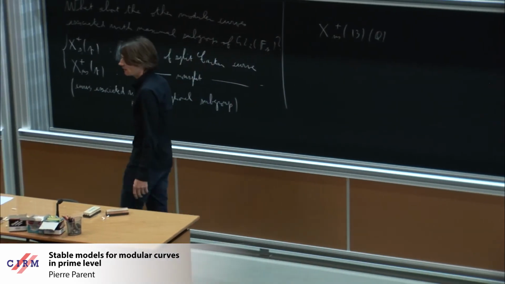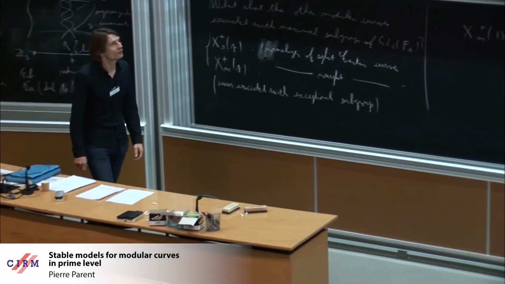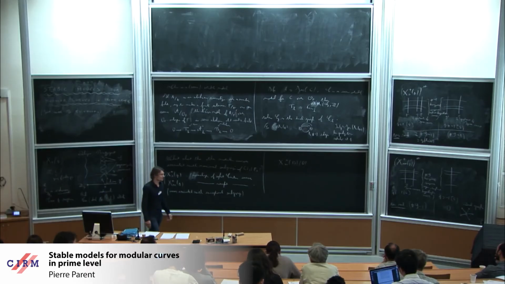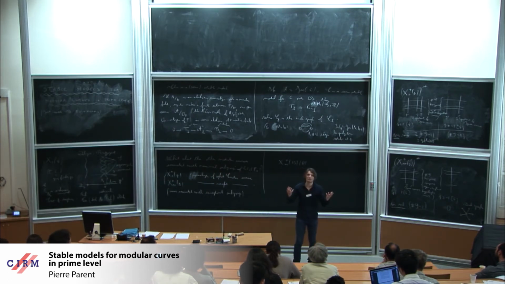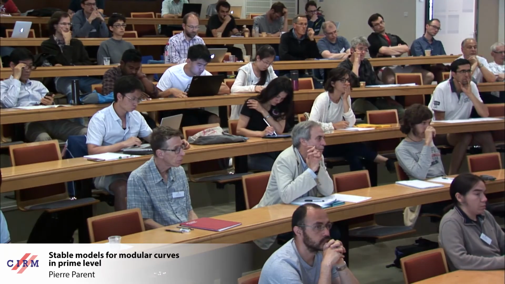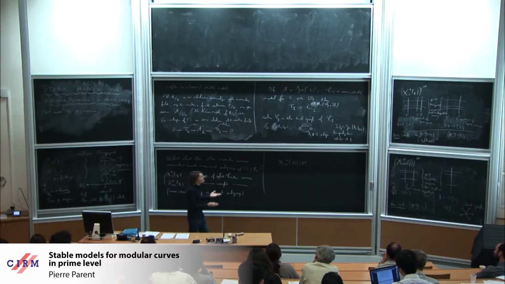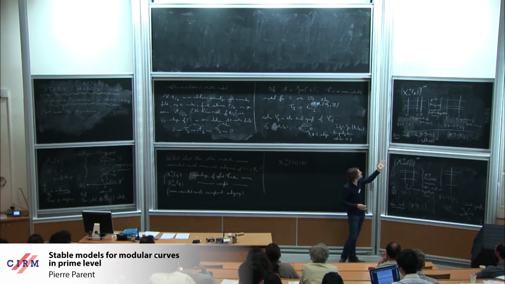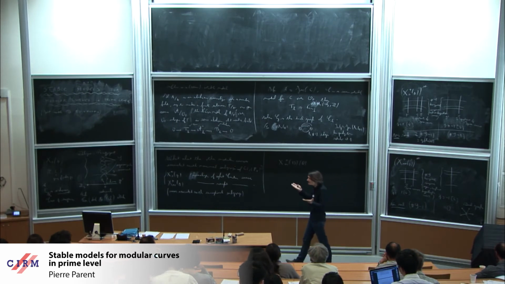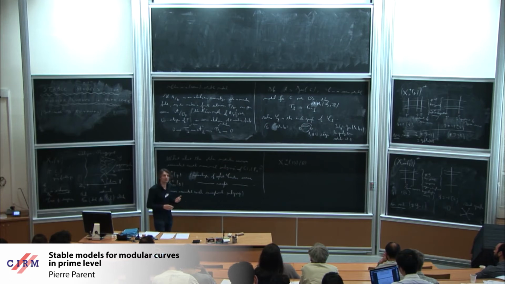there is this work of Jared Weinstein, which uses the language of perfectoids and things like that, which is able to describe a stable model for X of P to the anything, where X of P to the n is the curve associated with the full P to the n structure. And so I think it should be used, but yet it seems that the work of Weinstein is not able to describe as precisely the special fibers, because he says he cannot precisely compute the multiplicity of intersection of the irreducible components, for instance.